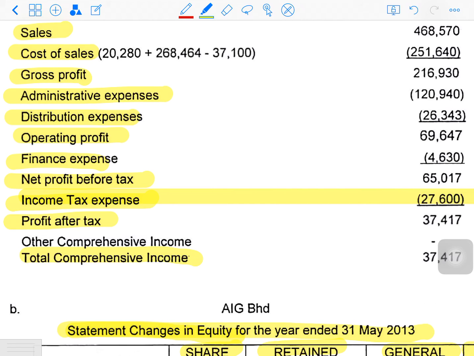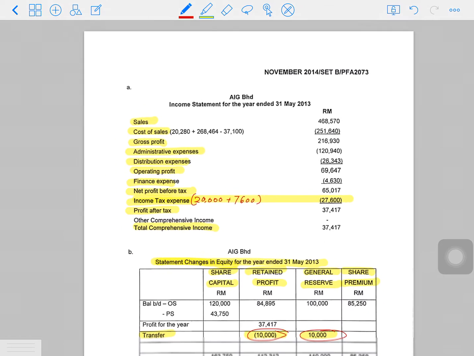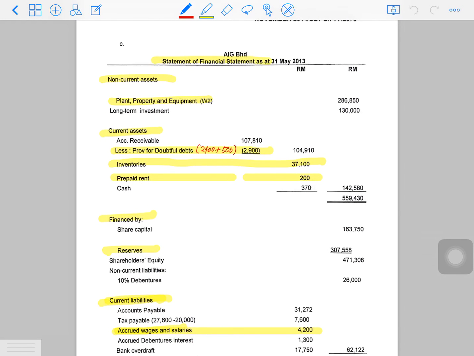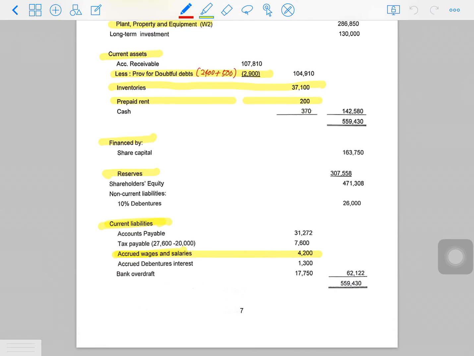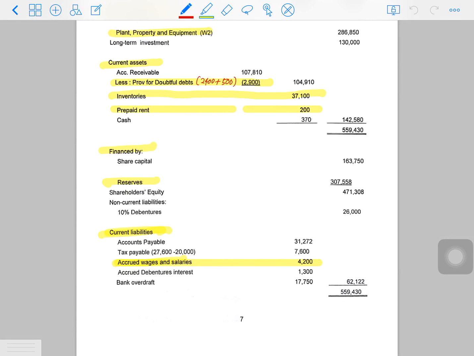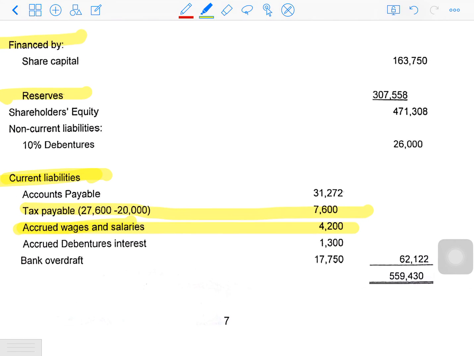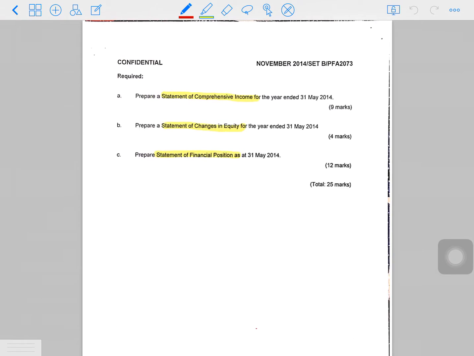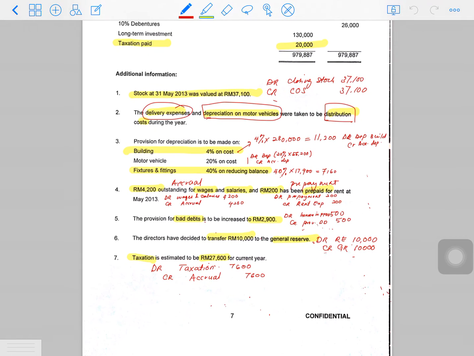Right, 20,000 plus 7,600. And then the accrual will be stated in the statement of financial position, where you have tax accrued in your current liability, which is 7,600. Next, that's it. That is the last adjustment.